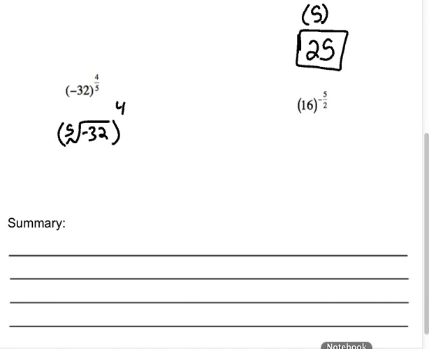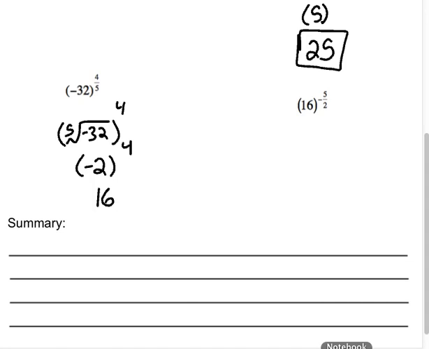With an odd root, remember a negative is okay. So the 5th root of negative 32 is negative 2. Now take that to the 4th power. Negative 2 to the 4th power is going to be positive 16. Remember, a negative to an even exponent is positive, so 2 to the 4 is 16.